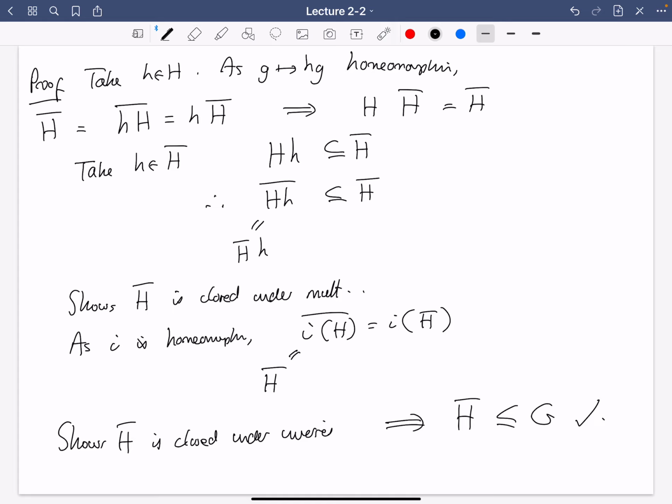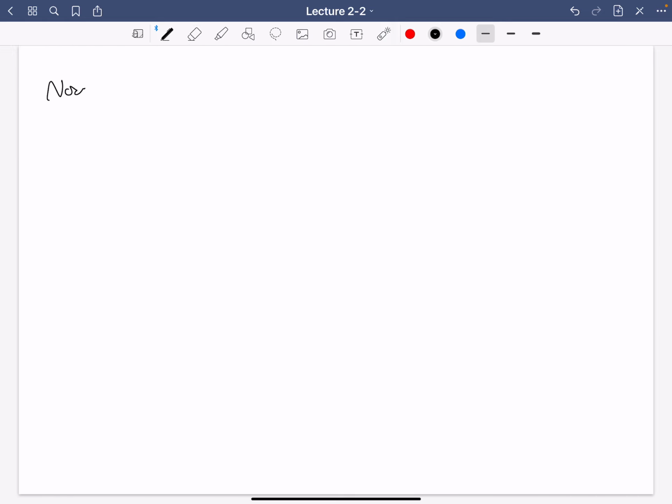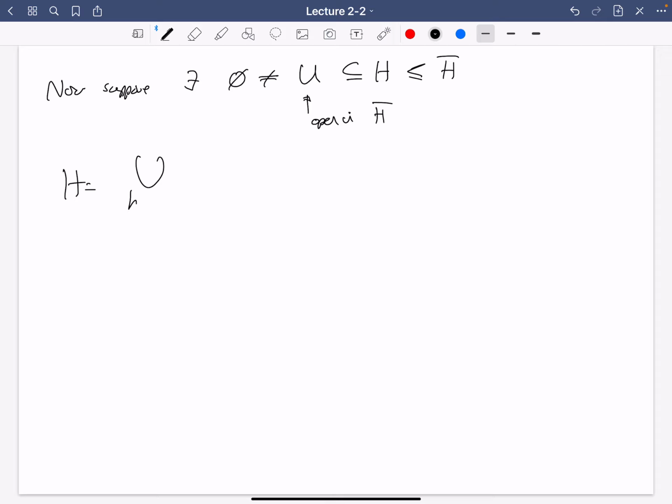Okay, so that's the first part. And so now finally, we're going to suppose that there exists a non-empty subset U, which is open in H bar. Now H is just the union of translates of this U. And so because U is open, each of these translates is open, and so H is this infinite union of opens.